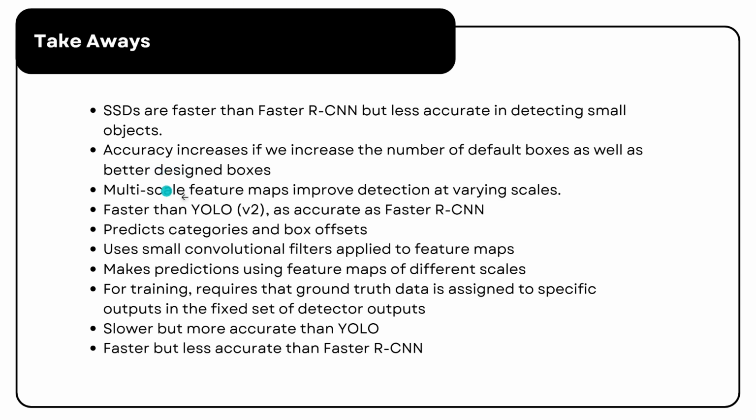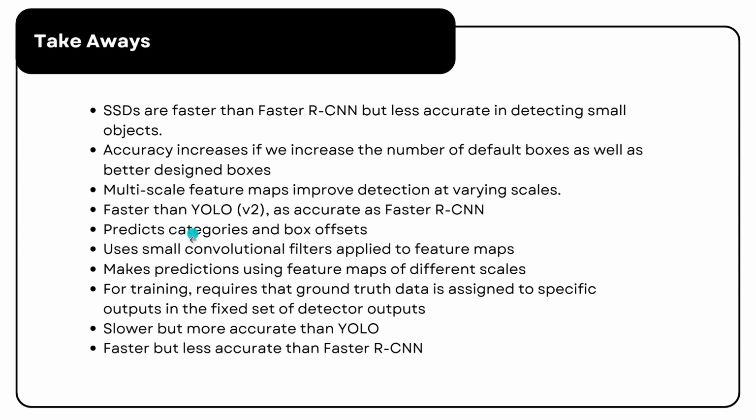And next, SSD leverages multi-scale feature maps, which means they can detect objects of various sizes or scales more effectively. This is one reason why SSDs are faster than YOLO V2 while maintaining accuracy that is closer to Faster RCNN.